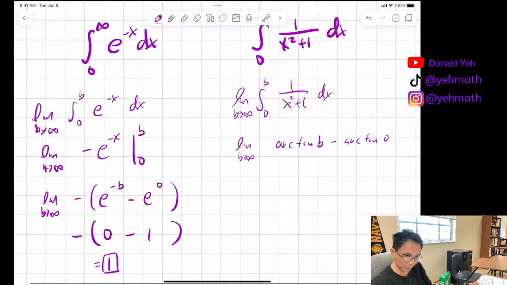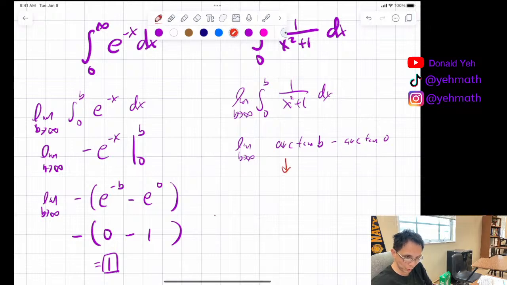Now you have to understand one more thing. On a side note, you have to understand the normal tangent graph, y equals tan of x. It looks like x cubed, kind of, and there are asymptotes at pi over 2 and negative pi over 2.